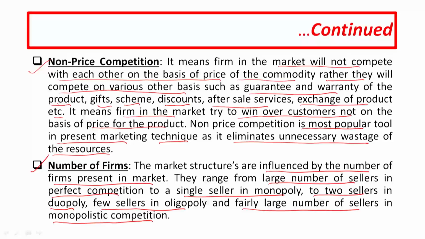If those products are fruitful, there is a more certain chance that the market will grow. As we have already discussed, in perfect competition there are a large number of sellers. In monopoly, there is only one seller. There are 2 sellers in duopoly, few sellers in oligopoly, and comparatively large number of sellers in monopolistic competition.